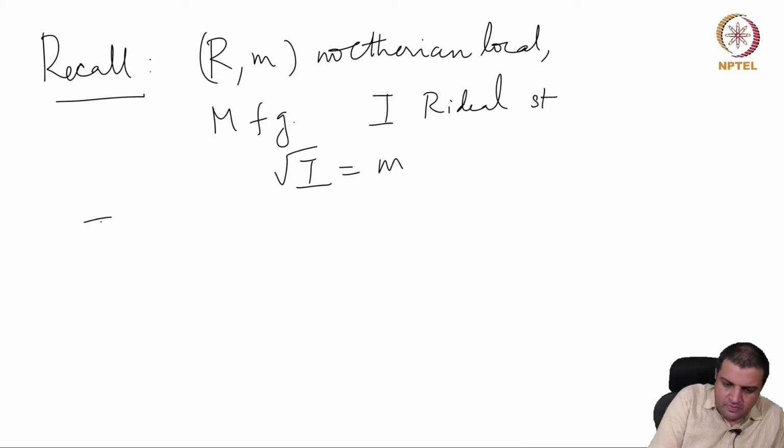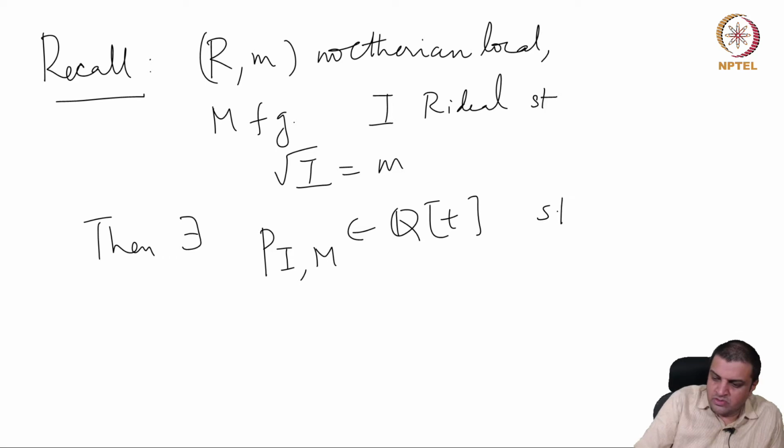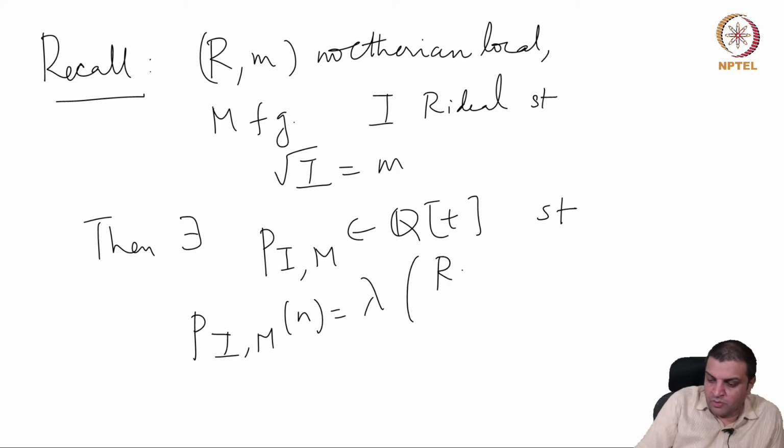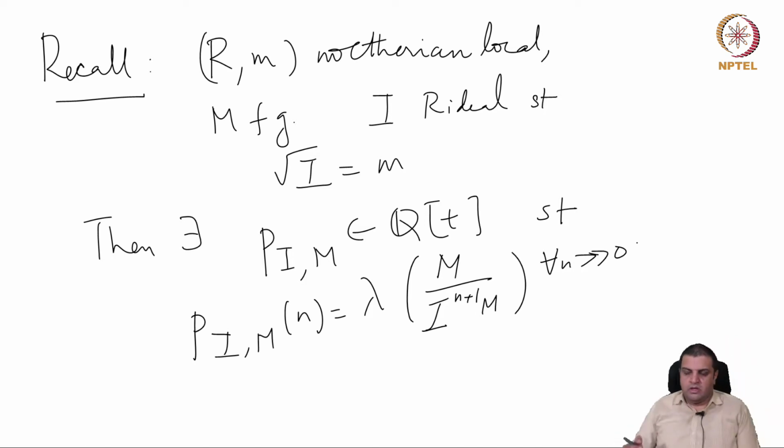Then there exists a polynomial with rational coefficients such that the polynomial gives the value of the length of this module for all n sufficiently large. And this is length as an R module.